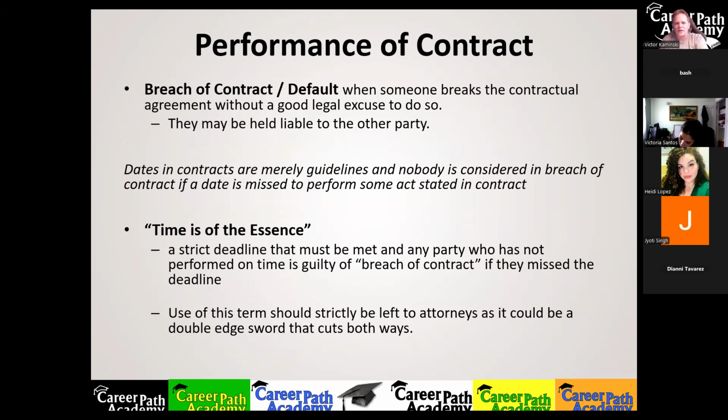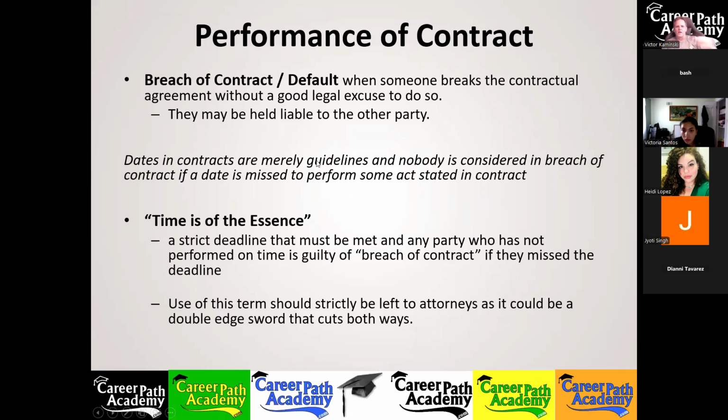They could be held legally and financially liable to the other party. Dates in contracts are merely guidelines, and nobody would be considered in breach of contract if a date is missed to perform something that was stated in the contract.